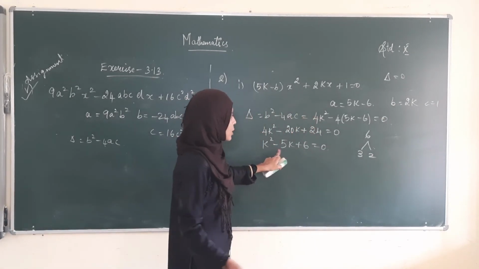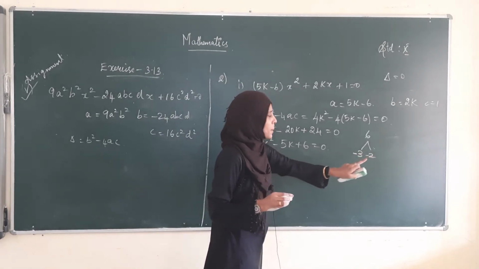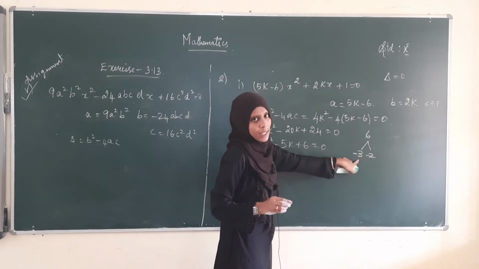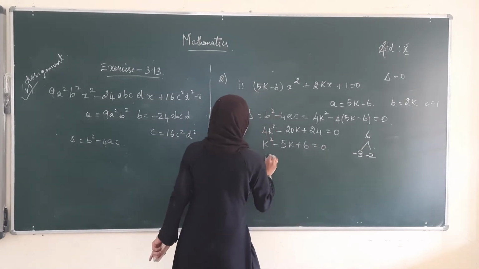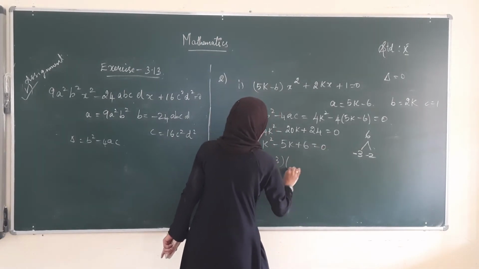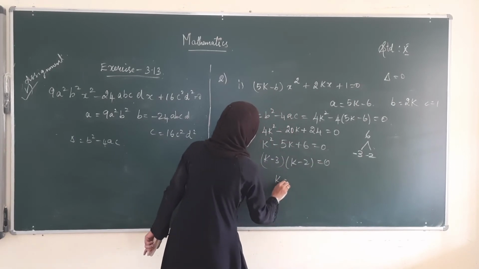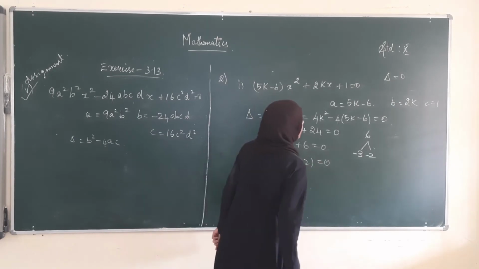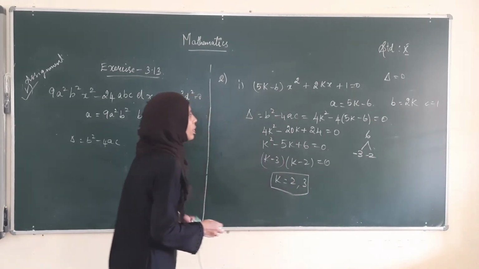We have to get minus 5 while adding. Minus 3 minus 2 is minus 5, and when we multiply this, minus 3 into minus 2 is plus 6. Therefore, k minus 3 into k minus 2 equal to 0. What is the value of k? K is equal to 2 comma 3. This is the value of k. Hence, we have found the value of k.